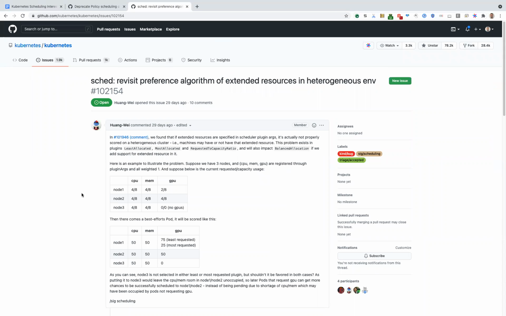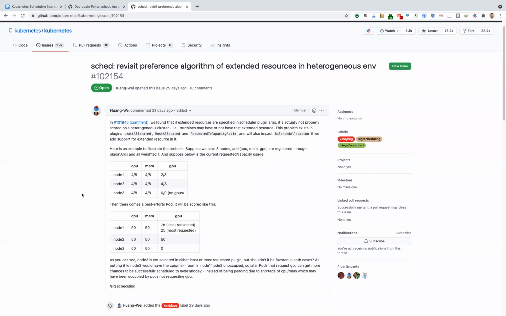Yes. So we had Dave contributing, trying to add configuration to the balanced resources plugin. And when doing the review, we discovered that when we do the scoring for this kind of resources, and you have a custom resource, for example a GPU that only applies to certain nodes, then the scoring is correct for the nodes that have the GPU, but for any node that doesn't have the GPU, we score it lower.